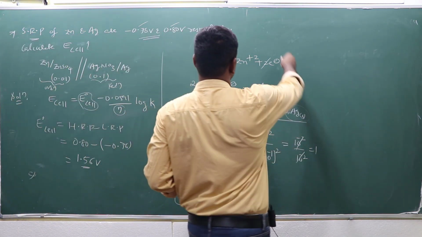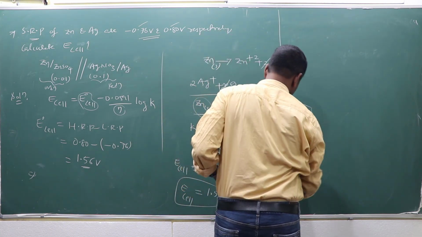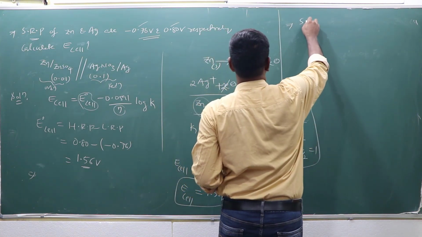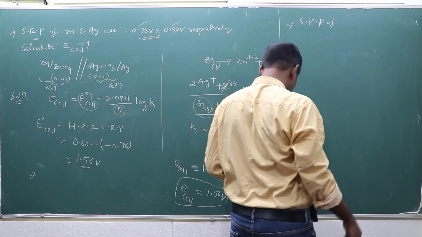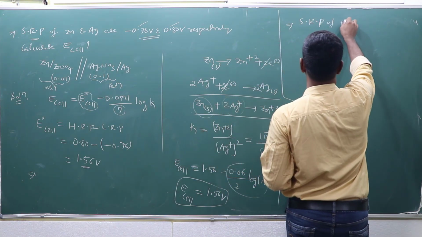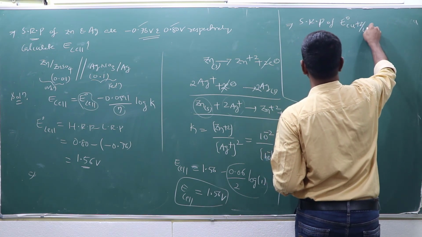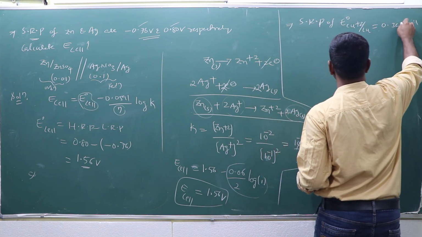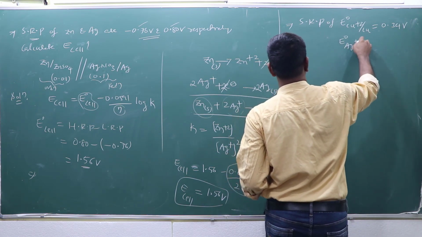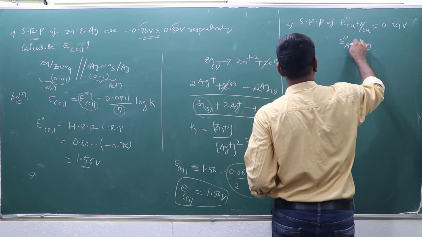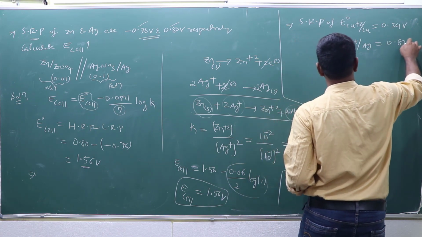You write that. Next question. Standard reduction potentials: E0 of Cu plus 2 to Cu is 0.34 volts, and E0 of Ag plus to Ag is 0.80 volts.